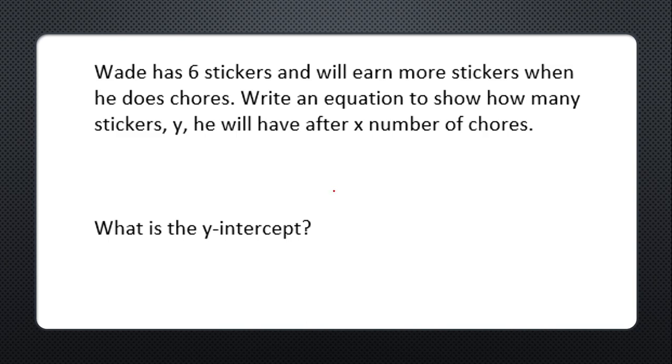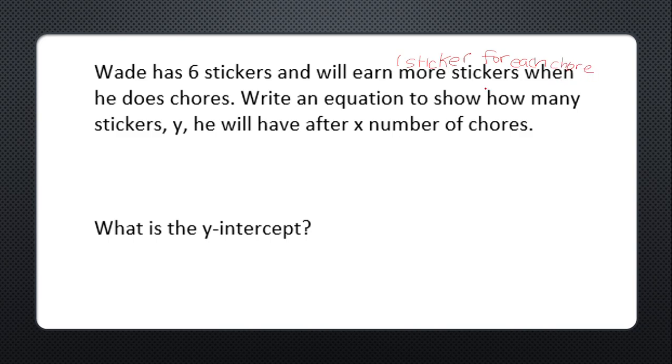All right, and the last problem for this series, Wade has, okay, so there's a typo here, so I need to make sure that I'm clear in what they're asking you to do. Wade has 6 stickers and will earn a sticker for each chore that he does, okay? So he will earn 1 sticker for each chore.